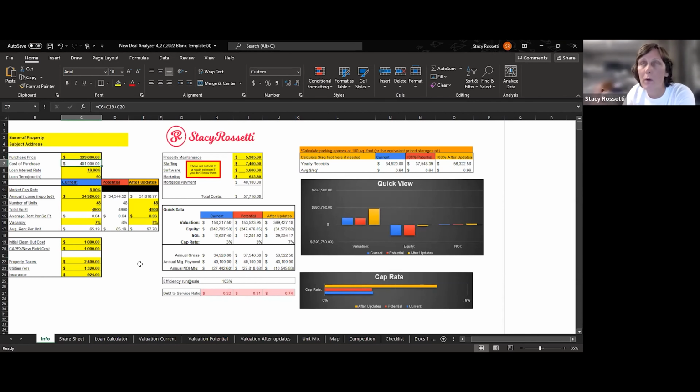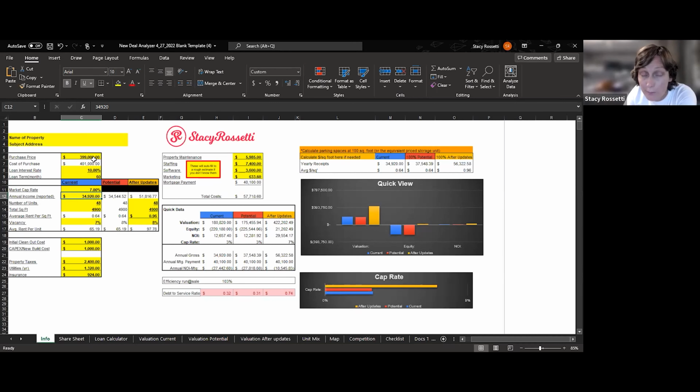So at this point, for this type of deal, we know what the purchase price is. A lot of times you don't know, so you have to play around with the purchase price. But we know that this is what the wholesaler wanted. And we know that this property was in a tertiary market, and tertiary markets are typically going for 7 or 8 caps right now, but maybe a 9 cap. I mean, maybe a 6 cap, right? Depending on what we want to pay.